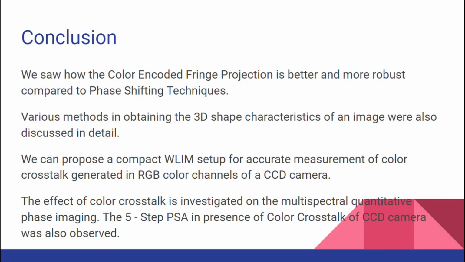Since the WLIM setup is not so compact, that is a scope for improvement. The effect of color crosstalk is investigated on multispectral quantitative phase imaging. The 5-step PSA in the presence of color crosstalk of the CCD camera was also observed. However, the 5-step PSA is not implemented for crosstalk-free multispectral phase recovery of the specimen because the accurate estimation is not so straightforward.